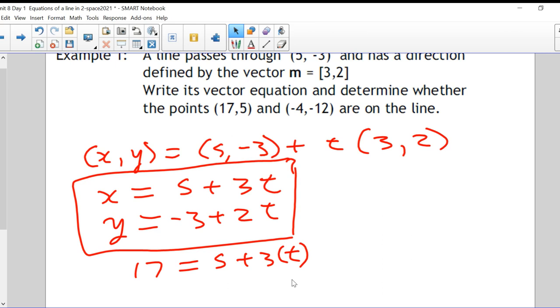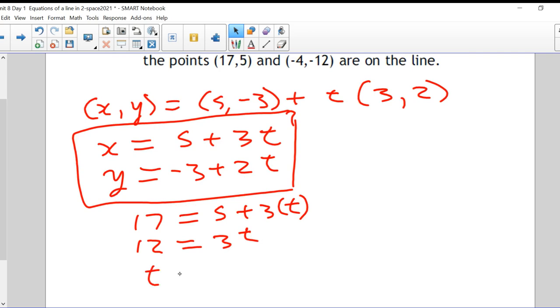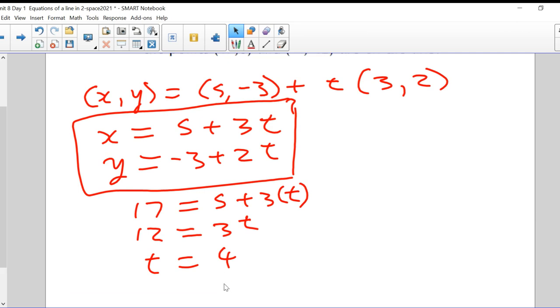That could help me find my corresponding y. This is a very simple equation. Let's take the 5 from the two sides. So 12 is equal to 3t, and therefore t is equal to 4. Since t is 4, that should tell me what my y value is. The parametric equation says y is equal to minus 3 plus 2t.